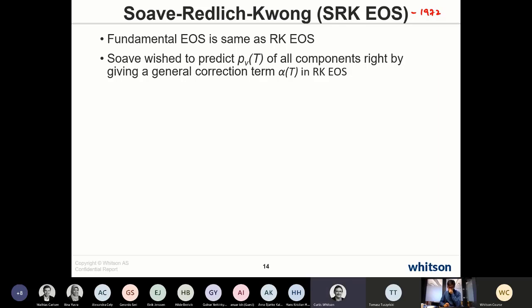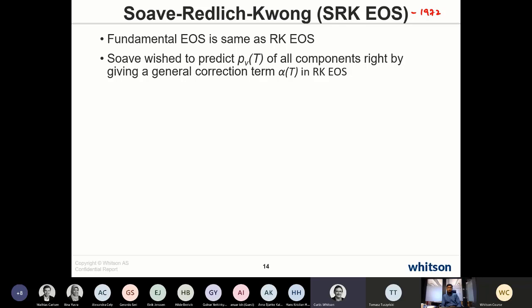Just as a comment, Redlich was originally born in Austria, I believe. He fled just before World War II to the United States, and eventually started working at Shell, where he met Kwong, who was Chinese-born and moved with his parents early to the United States. They started working at Shell more or less at the same time, just before or after the war.